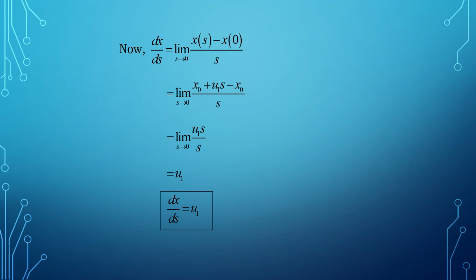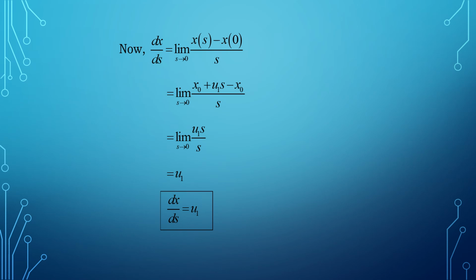So dx/ds equals limit s tends to 0 of x of s minus x of 0 upon s. Here we know the values of x of s and x of 0. x of s is x naught plus u1 s, and x of 0 is nothing but x naught.